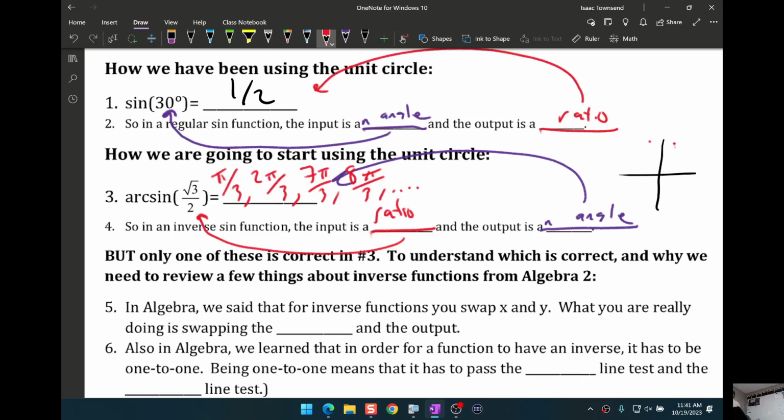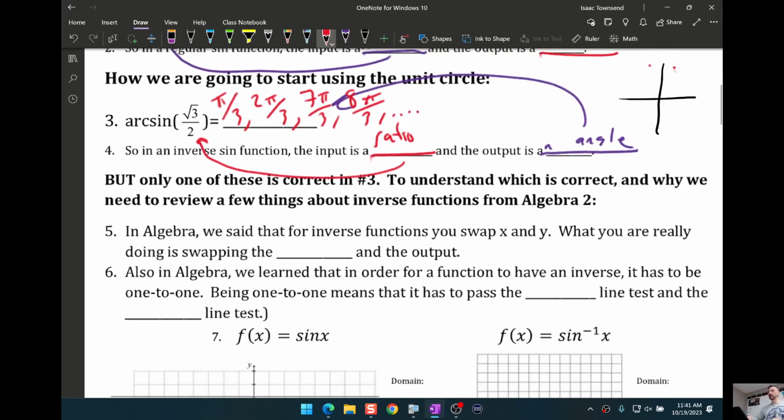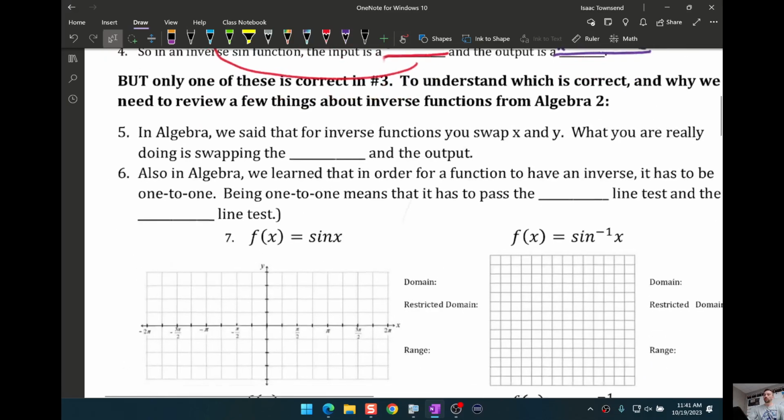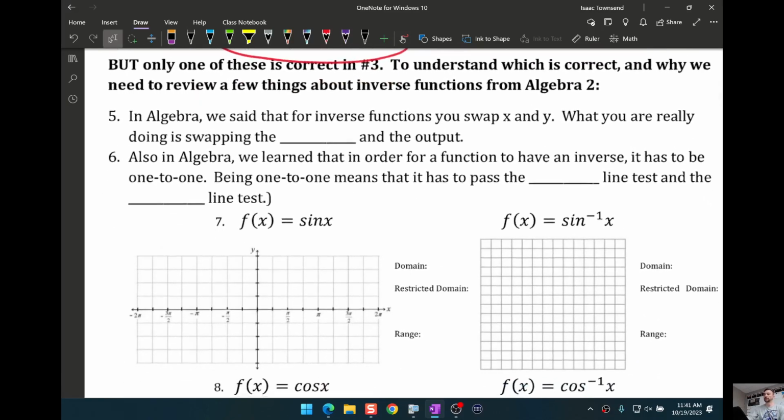So this next little section is pretty wordy, but I really prefer for you guys to know where this stuff comes from. It'd be much quicker if I said, here's the 6 things you have to memorize, and start to memorize them. But I'm going to show you where they come from, so hopefully this sticks a little bit better. So the problem occurs, even in algebra, you probably had a teacher that said to find an inverse function, you just switch x and y.